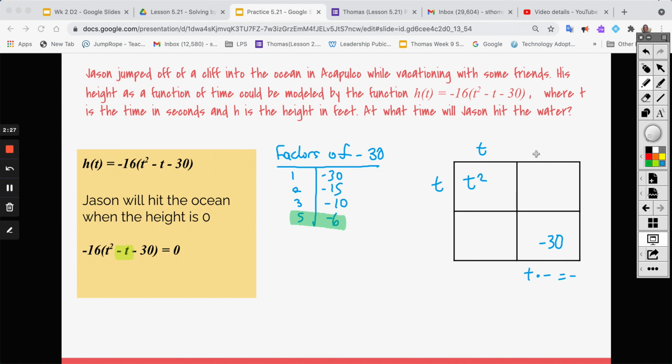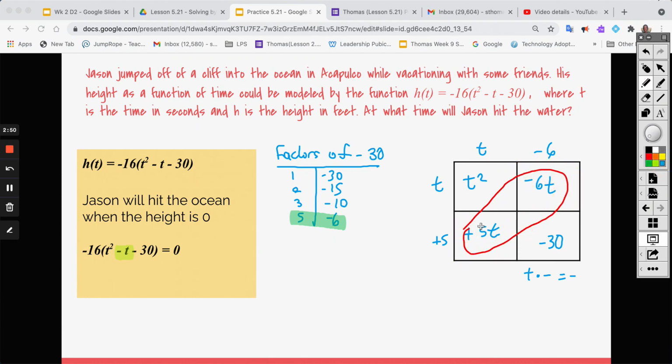So this will give us a negative 6, which gives us negative 6t, sorry, I've done x so many times. And then a plus 5, which would give us a plus 5t. And we know that when we combine these two terms together, we're going to end up with a negative 1t.